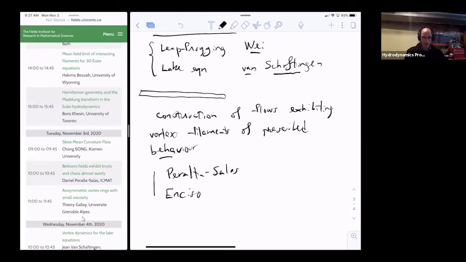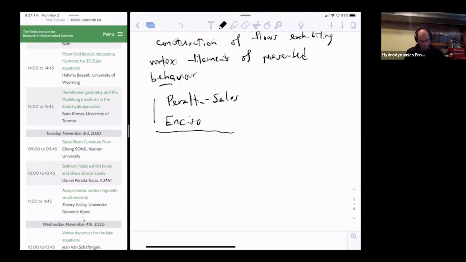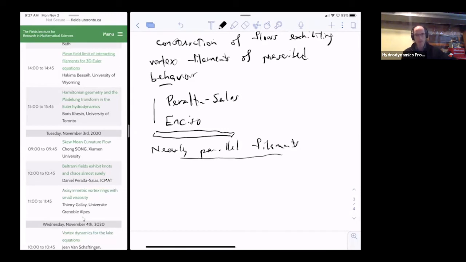Another place where reconnection appears is this: nearly parallel filaments. Okay, so I've described several regimes where we hope to know what vortex filaments are doing.